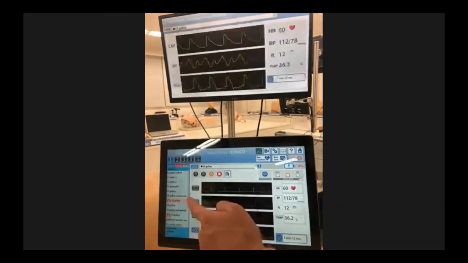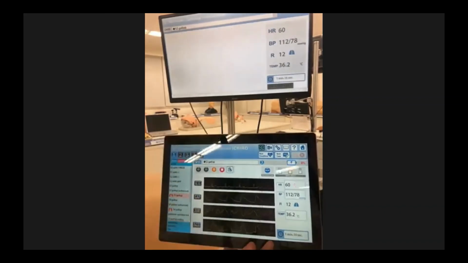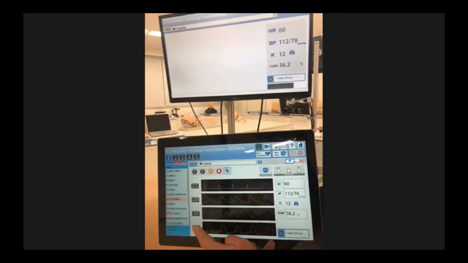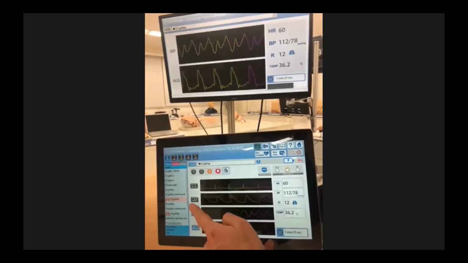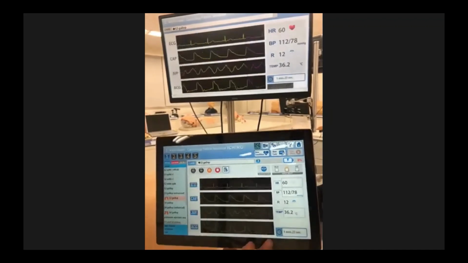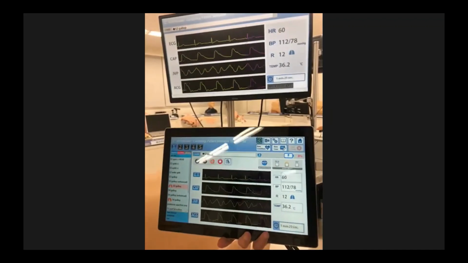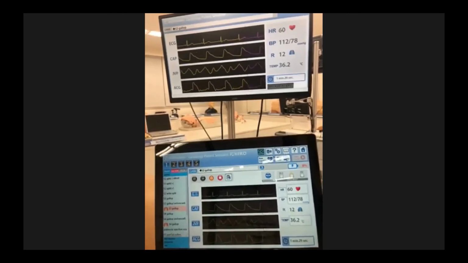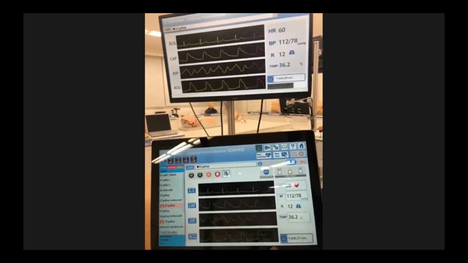Also, we can hide all these things just by one touch or put them back again. This is according to the purposes of the teacher, what they want to show to the students or not.